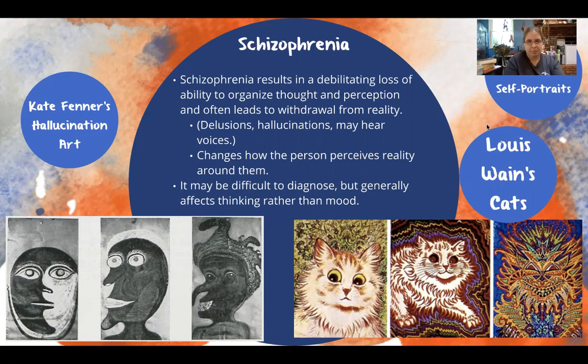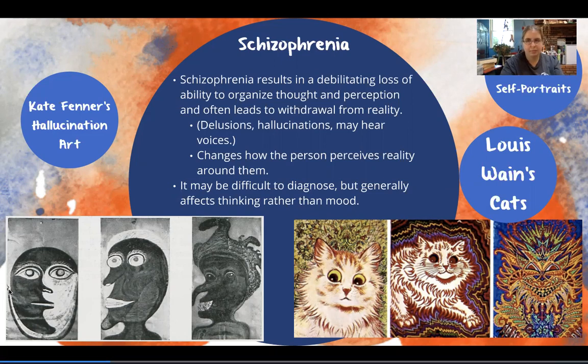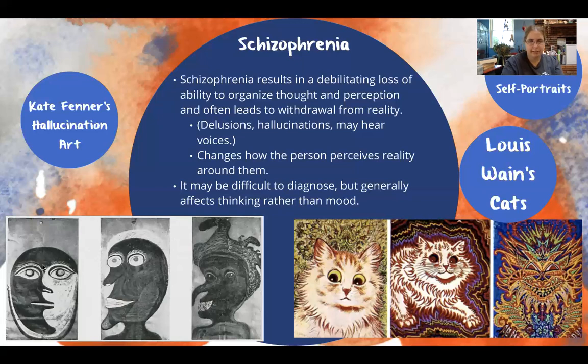Now, I have some pictures that were drawn by people with schizophrenia. The first picture is when they're lucid, meaning that they're not in the middle of a schizophrenic episode. So this person drew a cat, I believe that's Louis Wayne, and this person drew a face.